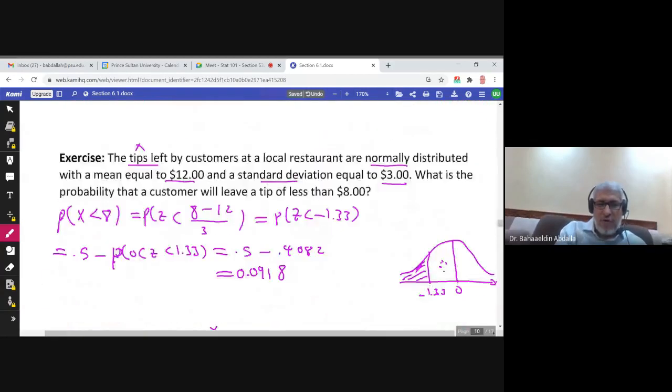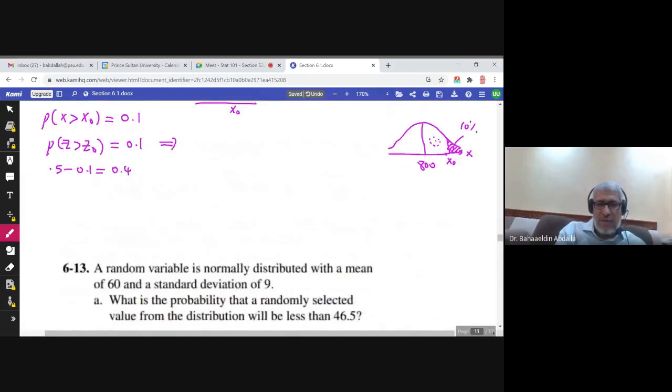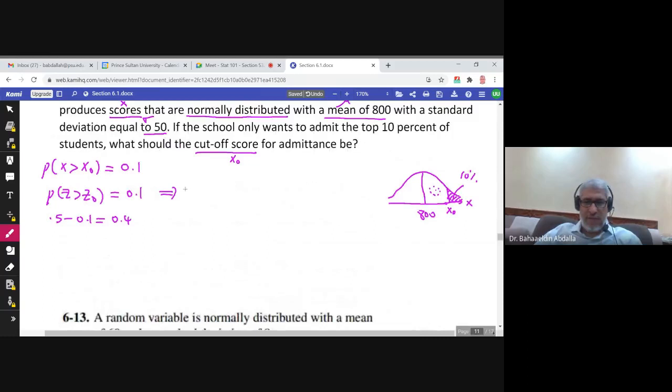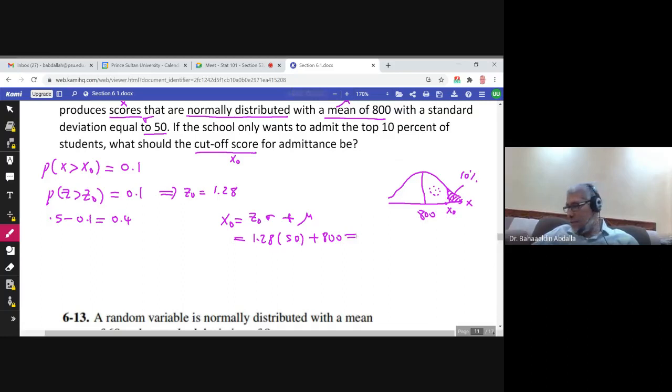So for the area 0.4, Z0 is 1.28. Now, once you have Z0, you can find X0 because there is a relation between Z0 and X0. We said that X0 is Z0 times sigma plus mu. So it's 1.28 times sigma, which is 50, plus mu, which is 800, and the answer would be 864.